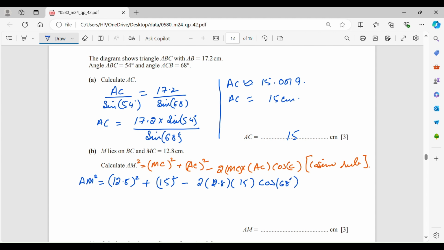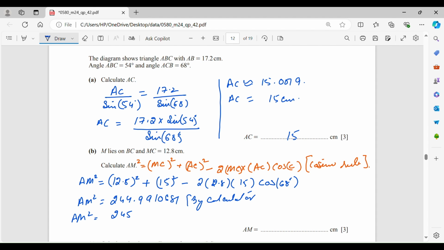Now AM square will be approximately 244.9910681 by calculator. Right, now AM square we can take as 245.